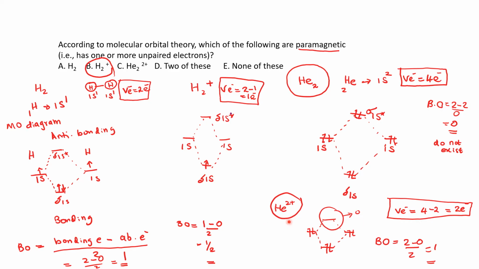Each He brings 2 electrons, and because it's 2 plus, we are going to take off 2 electrons. That means it has only 2 electrons. Those 2 electrons go in the bonding orbitals. If you calculate the bond order, you will see it's 1. And this one doesn't have any unpaired electrons as well. So your answer to this question is B.